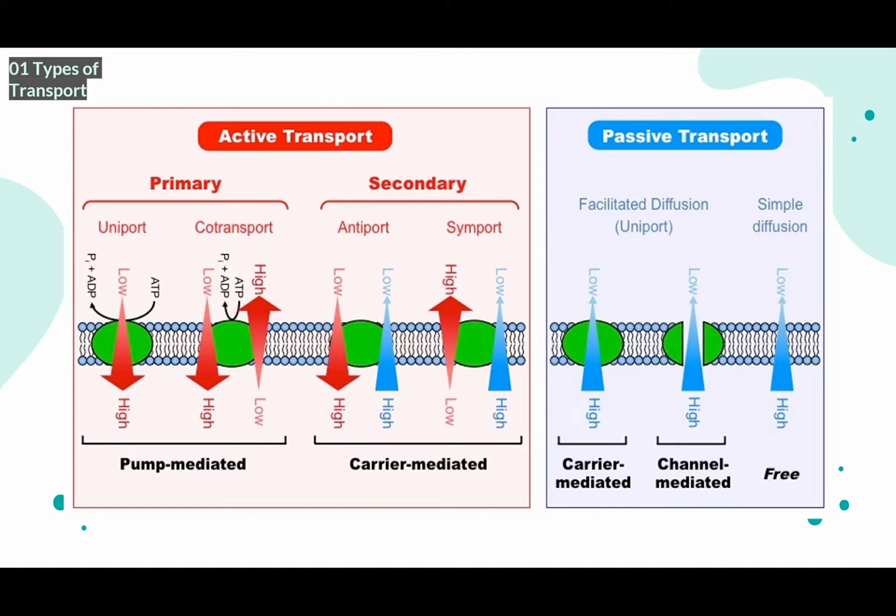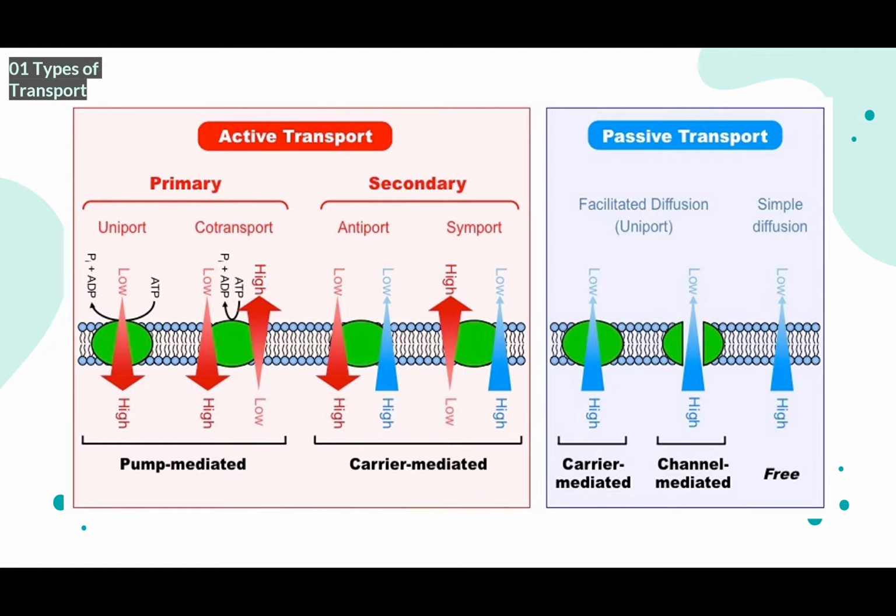The most common ones are, for example, sodium pumps or potassium pumps, and they, through ATP, carry or open through voltage-gated or ligand-gated mechanisms and let the specific ions into the cell or out of the cell. The pump-mediated ones, as we can see here, need ATP.